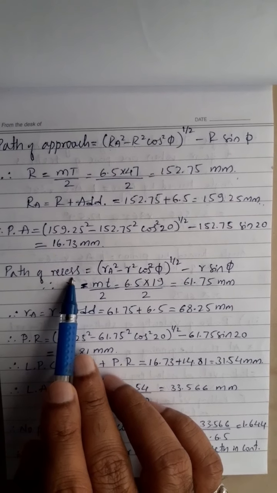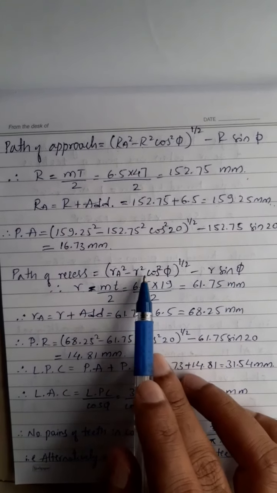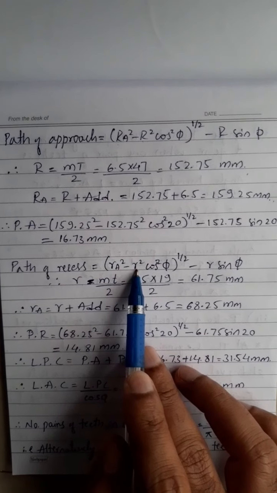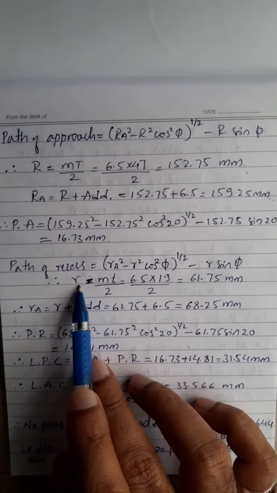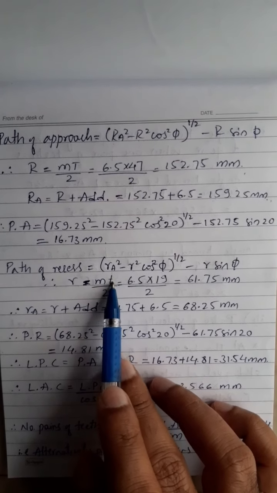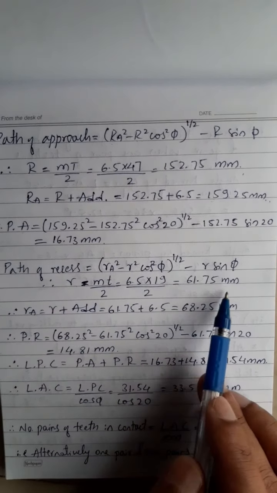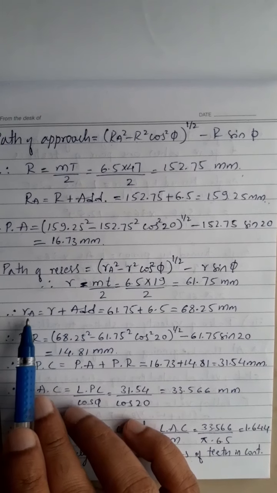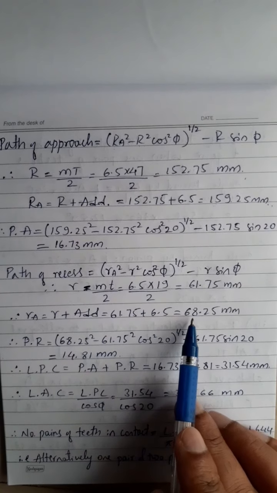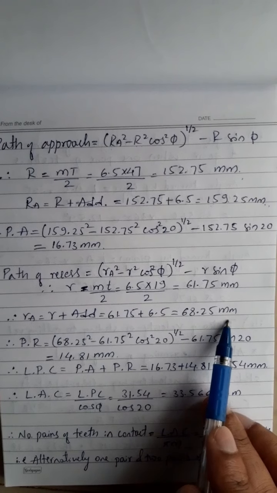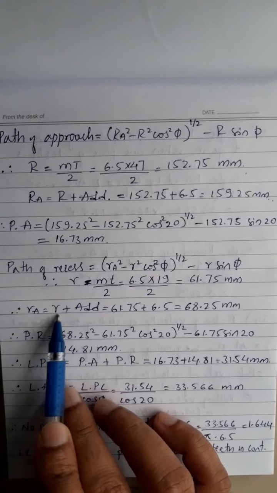Next we have the path of recess. This is the equation we know for path of recess, where R is the pitch circle radius of the pinion and RA is the addendum circle radius of the pinion. The pitch circle radius of the pinion is equal to mt by 2, with the number of teeth on the pinion. So the pitch circle radius value for the pinion is 61.75 mm, and the addendum circle radius for the pinion is obtained as 68.25 mm through this equation, that is pitch circle radius of the pinion plus addendum.